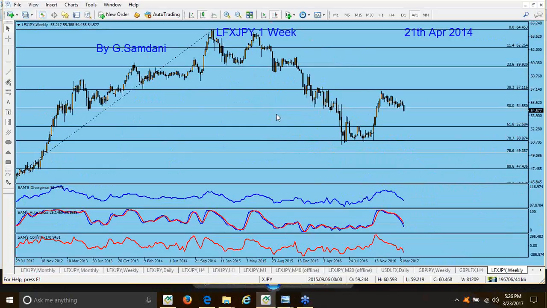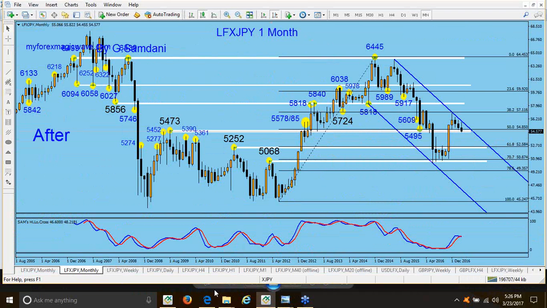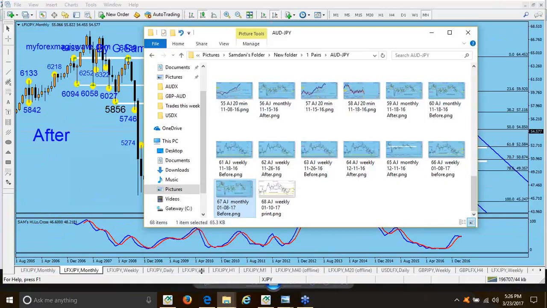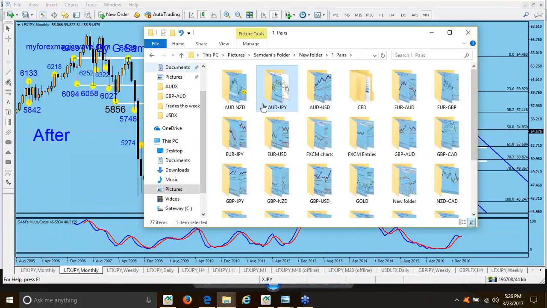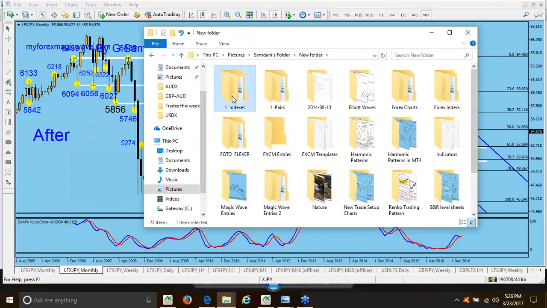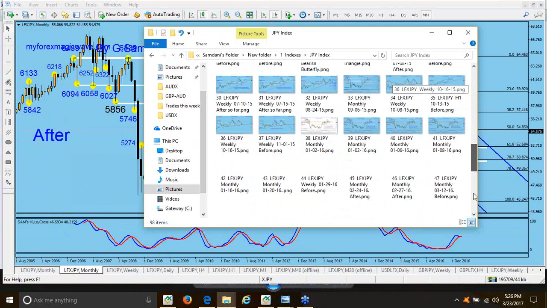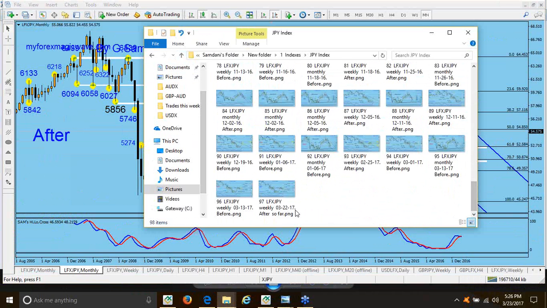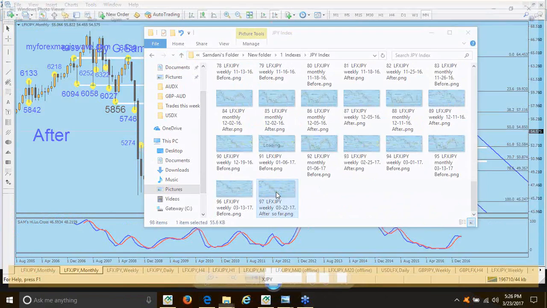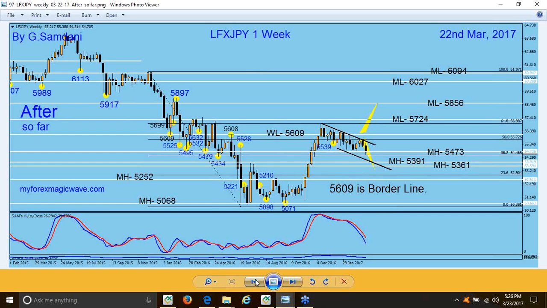Oh, here. See, this is yen. Now, the yen chart also, if I can show you, the yen index is where? Here. This is the chart, not this one.